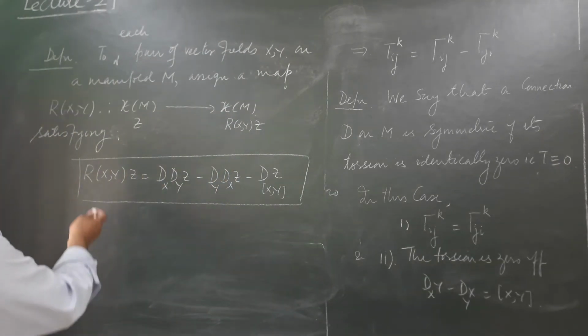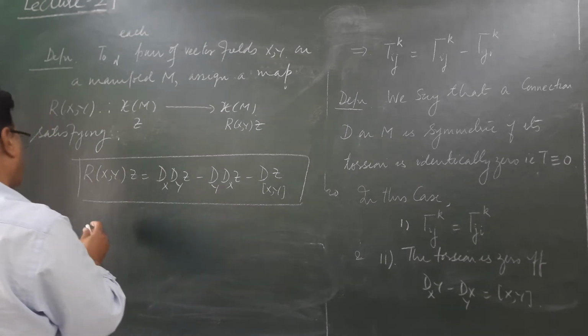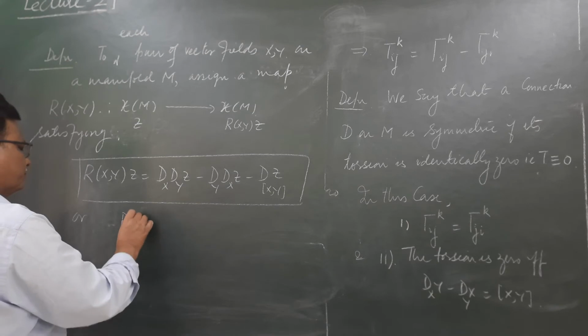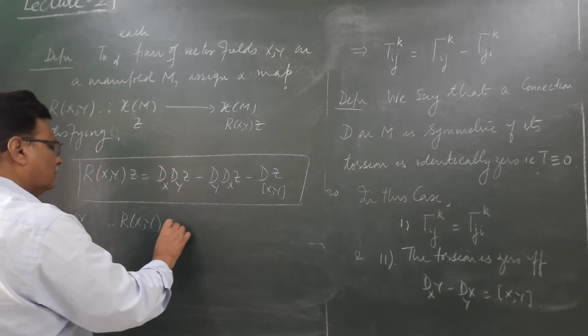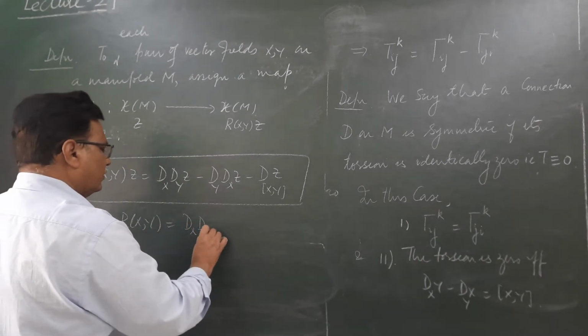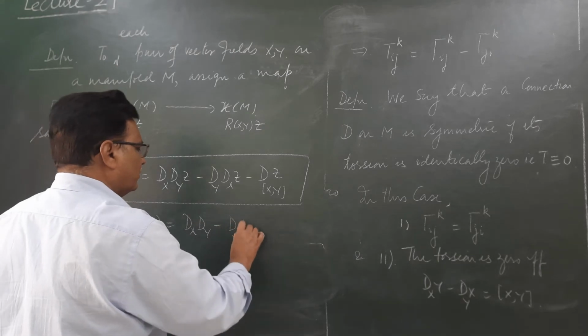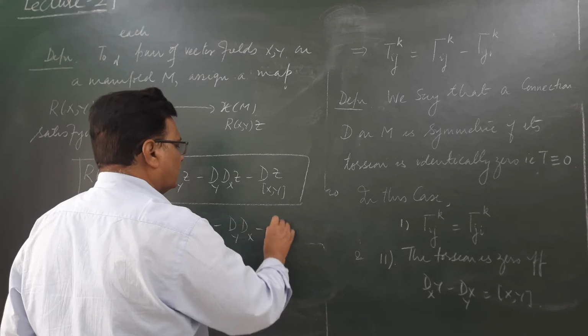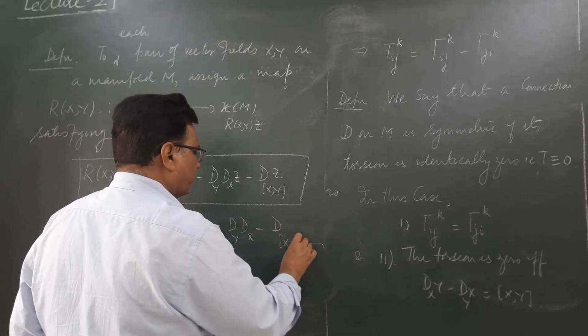If you want to write down the expression of R(X, Y), you can write R(X, Y) equal to D_X D_Y minus D_Y D_X minus D of Lie bracket [X, Y].